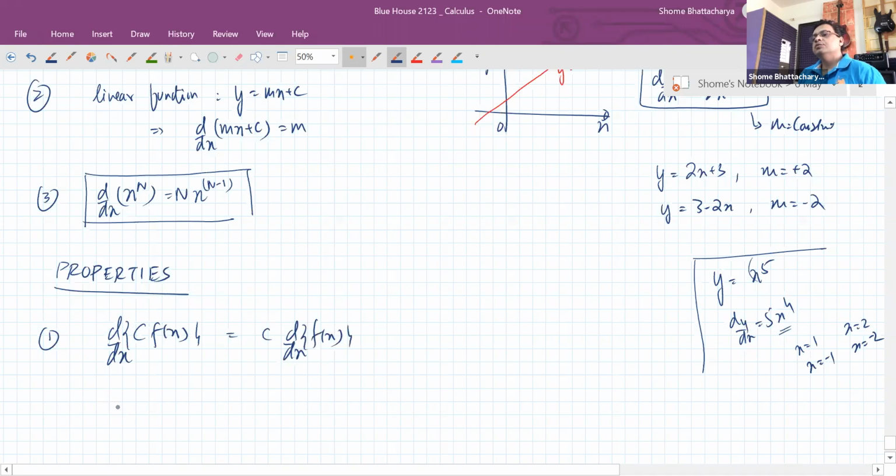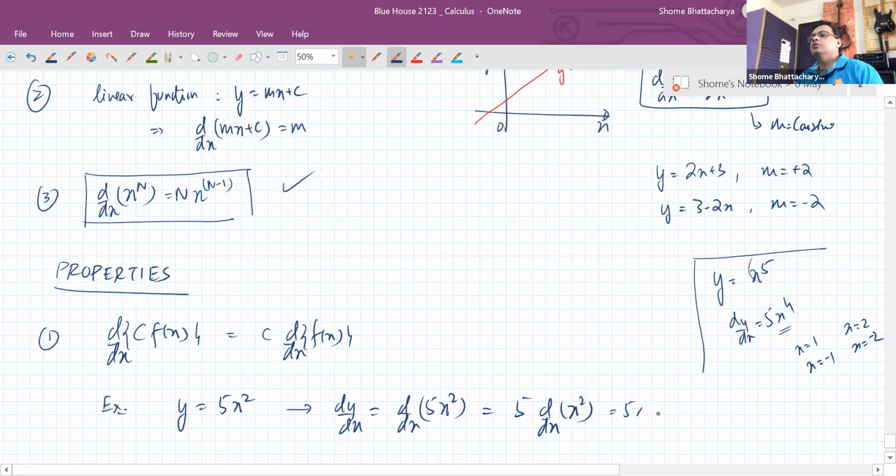So for example, if y is equal to 5x square, and I want to find dy by dx, that is differentiation of 5x square. The first step is to take the 5 outside. The next step is to apply this formula. So this becomes 5 into 2x to the power 1, and finally the answer becomes 10x.